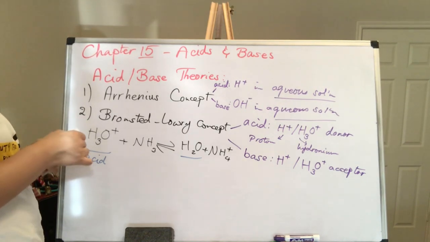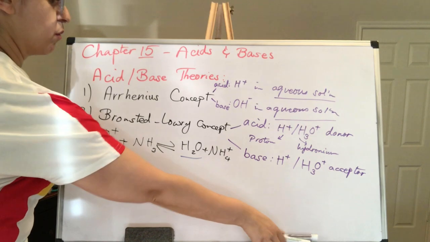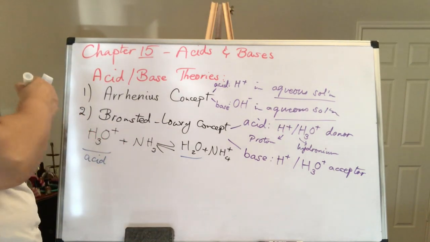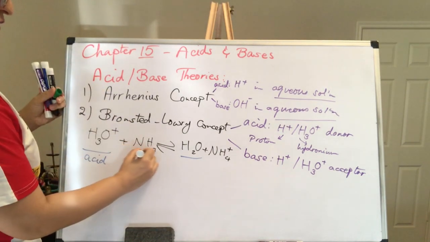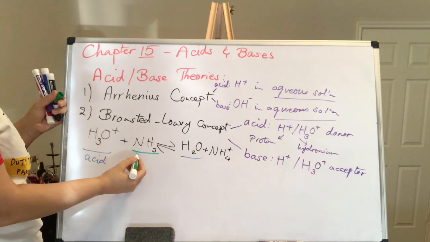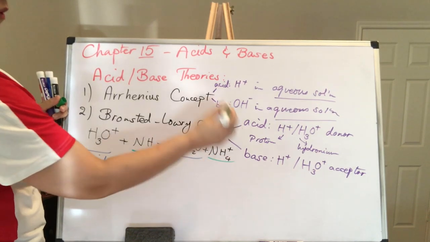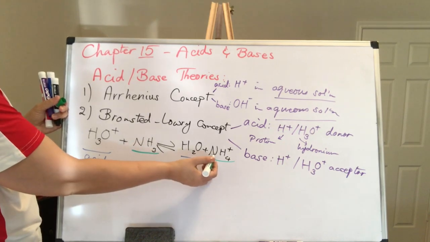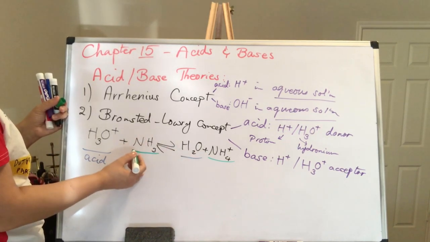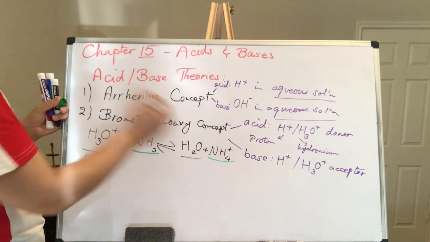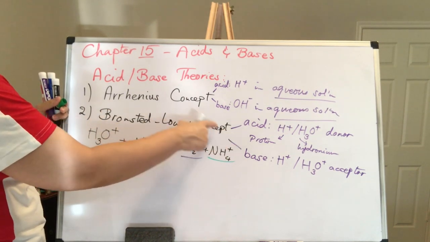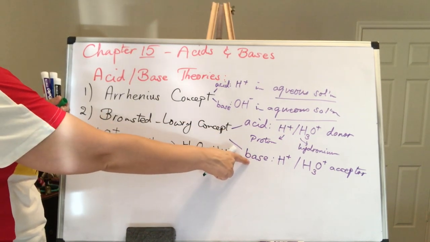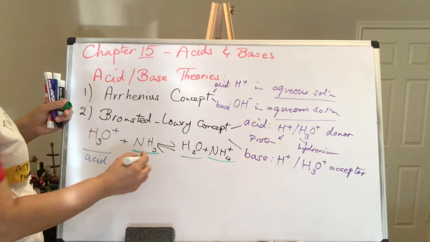But if you follow the changes from NH3 to NH4 plus, what would you see? 3 hydrogens, 4 hydrogens. Seems like NH3 has accepted a proton. So according to Bronsted-Lowry concept, it's a base because it has accepted a proton.